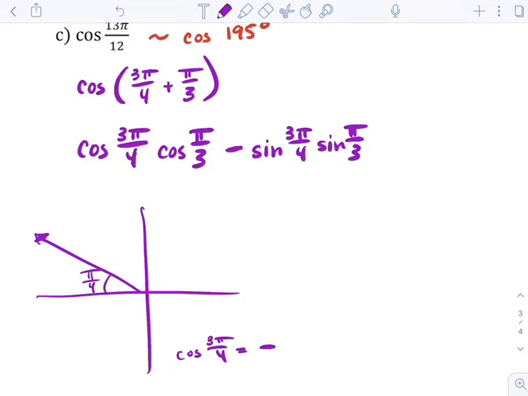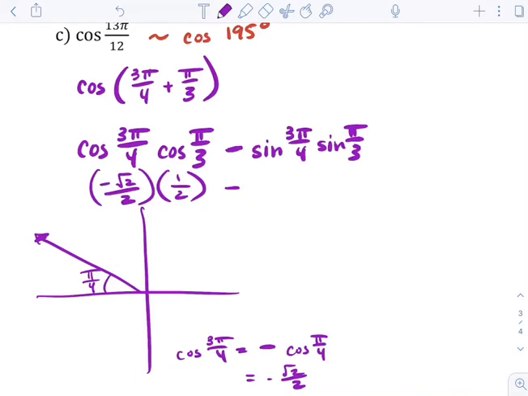So it's negative cos pi over 4, which is negative root 2 over 2. We'll put that step in there. So that first ratio we have is negative root 2 over 2. That's going to be multiplied by cos pi over 3. If I use my special triangles, I know that's 1/2.